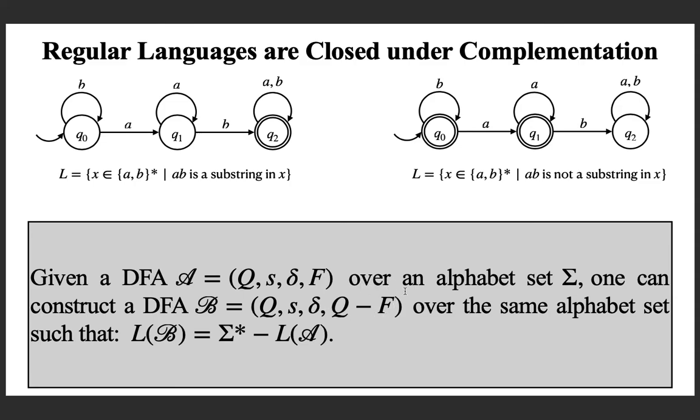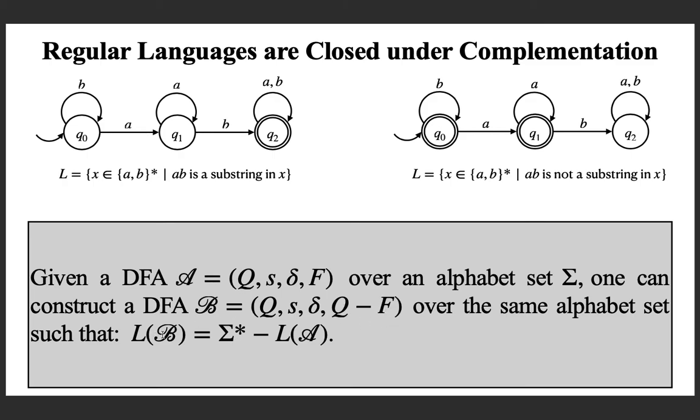What is the set of final states here? Q minus F. That means whatever states are non-final in the given machine, you made those states final, and whatever state is final, you have taken it out. That's what you did. So you made all non-final states final and all final states non-final. And this is how you write it mathematically.